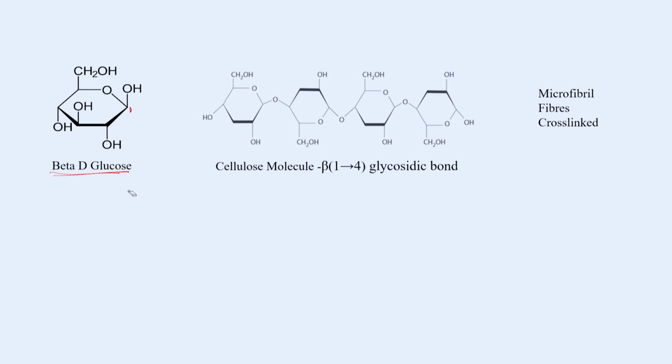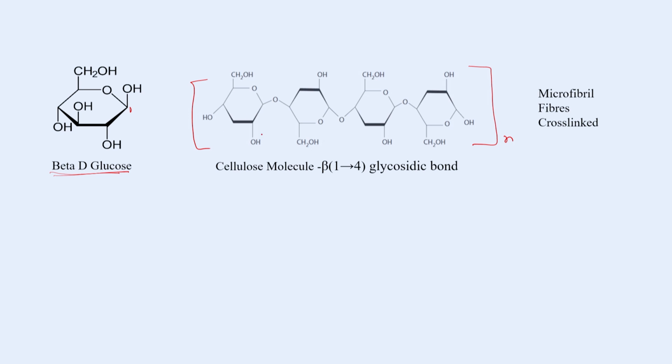Now, these glucose monomers join together by beta 1,4 glycosidic bonds, and about thousands of glucose monomers join together by beta 1,4 glycosidic bonds and give rise to a cellulose molecule.